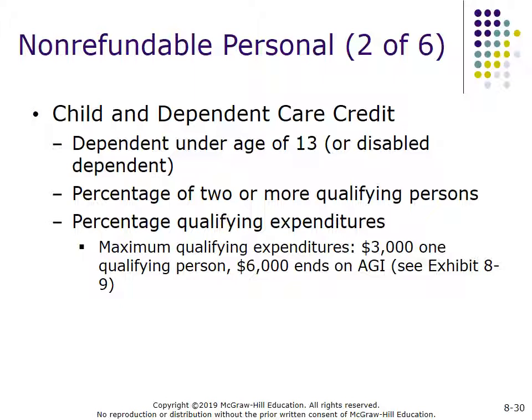It's usually a percentage of qualifying expenditures for 1 or more qualifying persons. The maximum amount is $3,000 for one qualifying person, $6,000 for two or more. Who's a qualifying person? A dependent under the age of 13 at the end of the year, or if they're disabled.